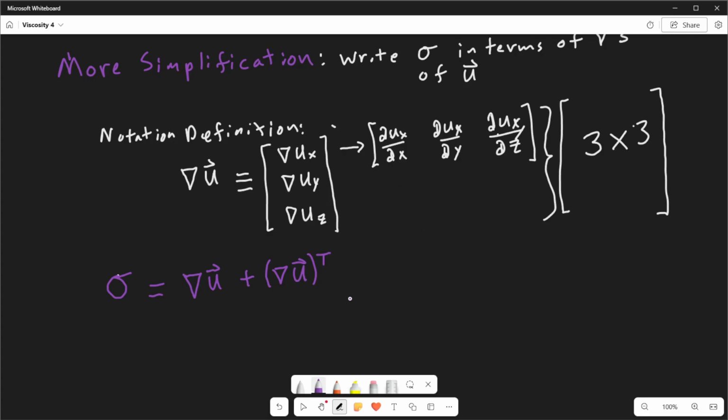All a transpose does is flip about the center axis. So there's a matrix, and it takes this and goes there and vice versa. It mirrors the matrix about its diagonal. That's what a transpose does.